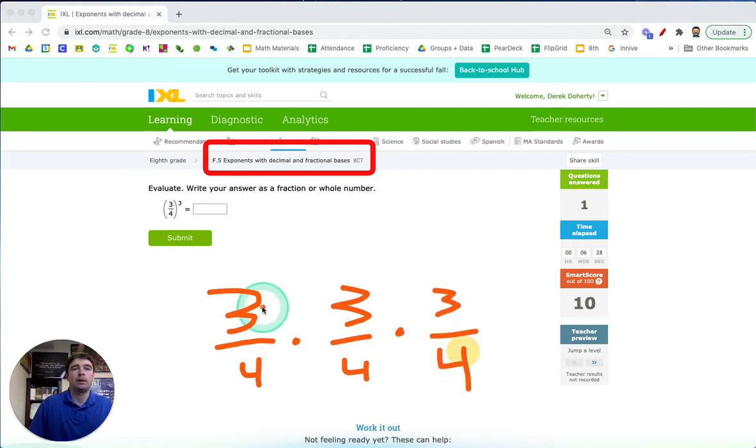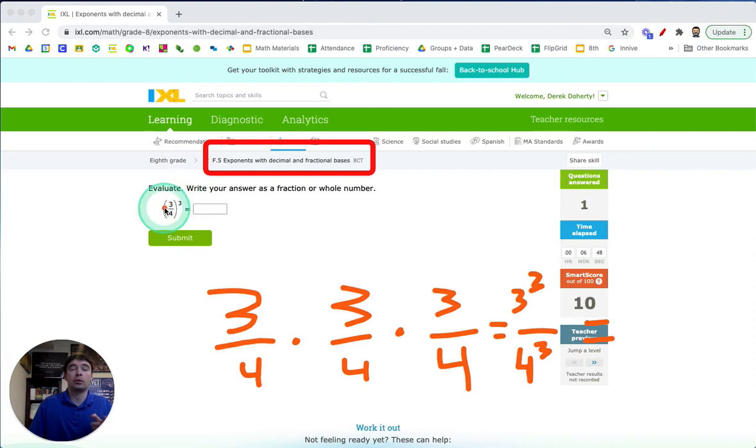Now I see on the top I just have 3 copies of the 3 to multiply together. So 3 times 3 times 3, or 3 to the 3rd power, gives me 27. And on the bottom there's also 3 copies of a 4, so I could rewrite that as 4 to the 3rd, or 4 times 4 times 4. And we see something important here.